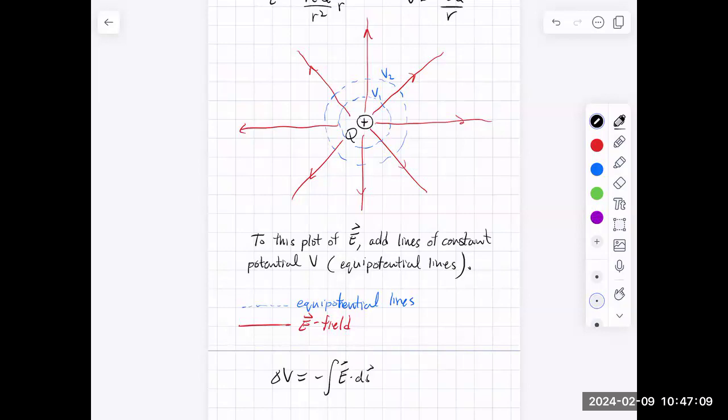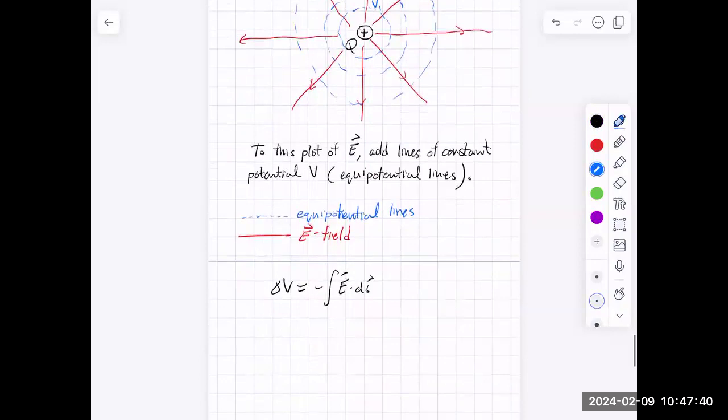So out here, when I'm far away from my charge Q, the electric field is getting weaker and weaker. And so if I want to have the same change in potential, I have to take bigger and bigger steps. And so my V3 would be out here, a little bit further from V2 than V2 is from V1.